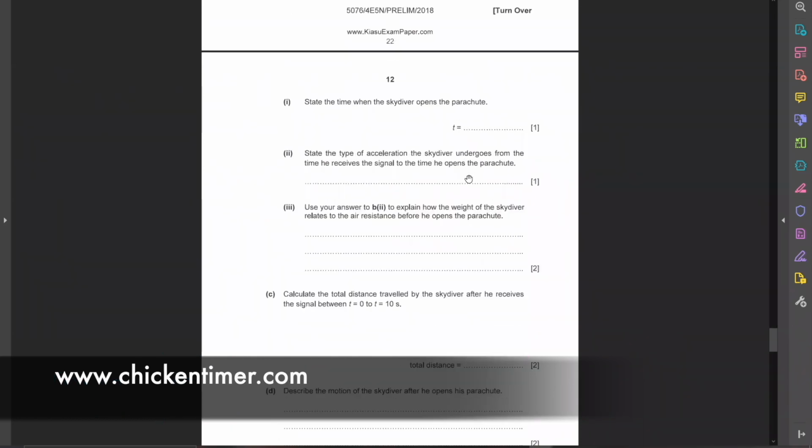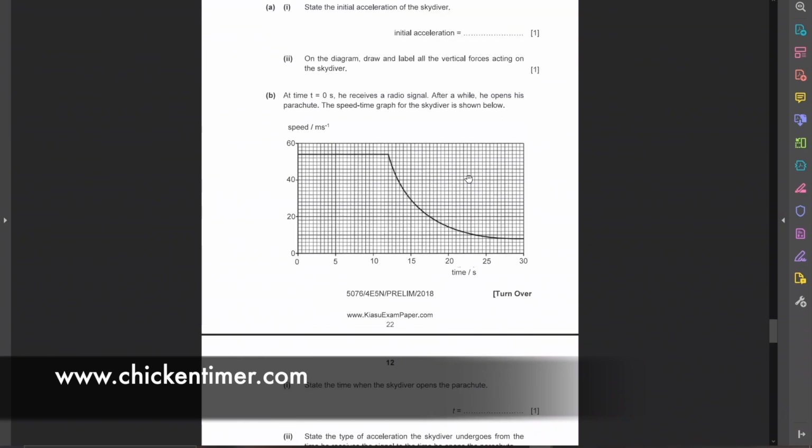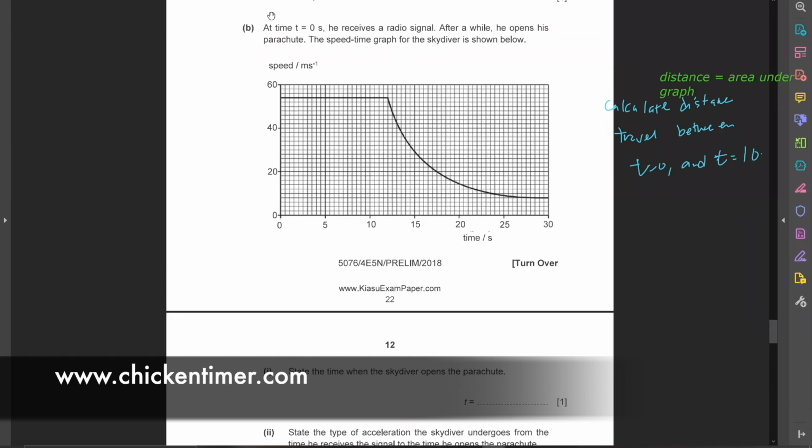Yeah. Calculate the total distance traveled between t equals 0 and t equals 10. Let me write it out. Yes, 10.